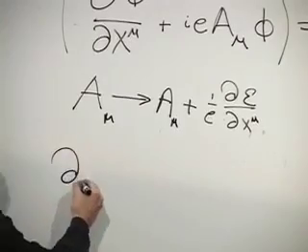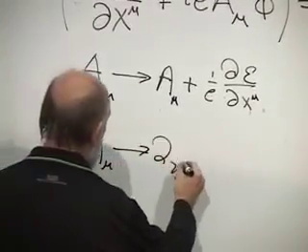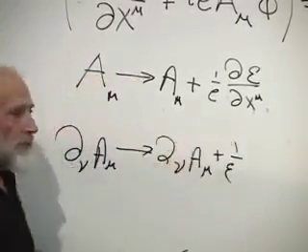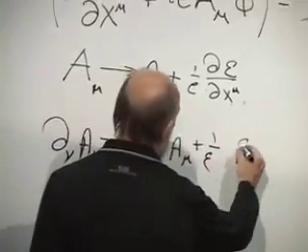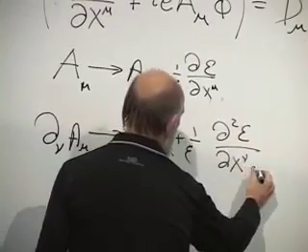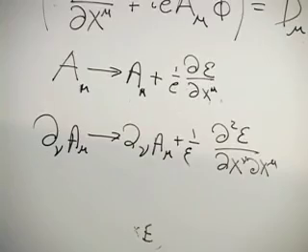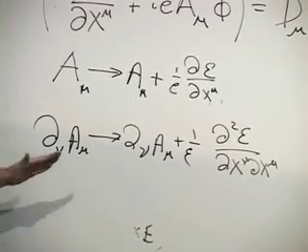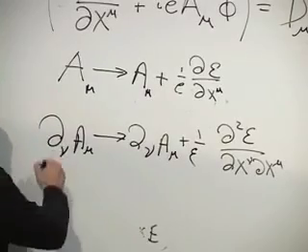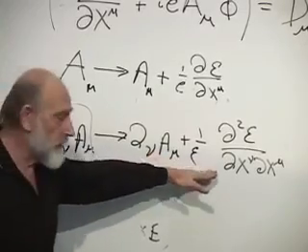What it does is it just goes to d nu A mu plus 1 over e, and then the second derivative of epsilon with respect to x nu and with respect to x mu. The second partial derivative with respect to nu and mu. This is the change that happens when you do a gauge transformation to this particular combination. This is not gauge invariant, it changes.